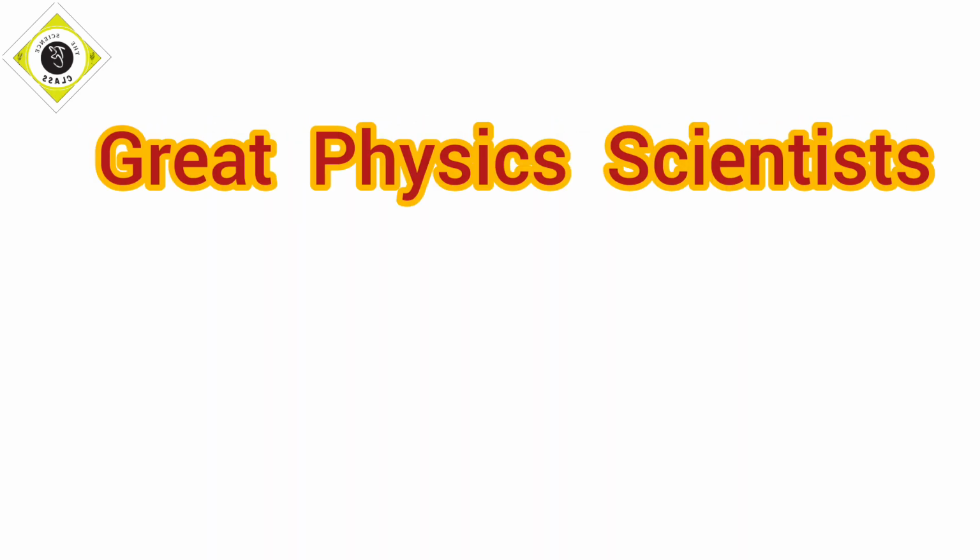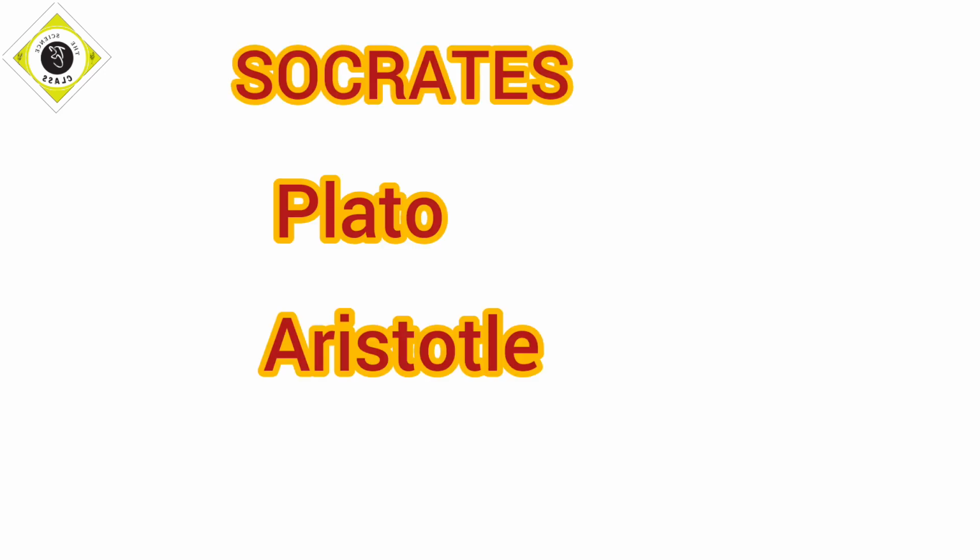Now there are different scientists. I'm going to make another video on all these great scientists of old that postulated theories that made life easy for us today. But to mention a few, we have scientists like Socrates, Plato, Aristotle. These were scientists that lived in the ancient Greek time, and they played a major role in physics.